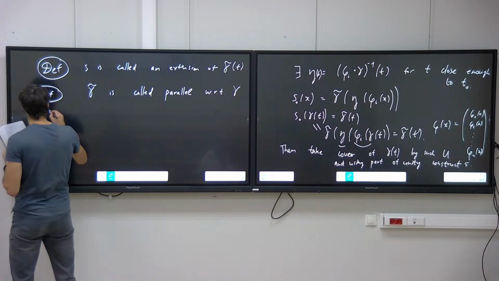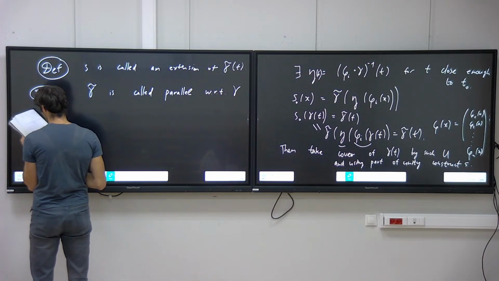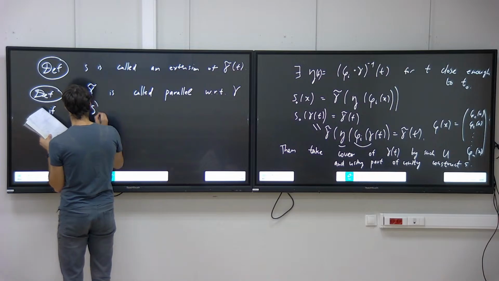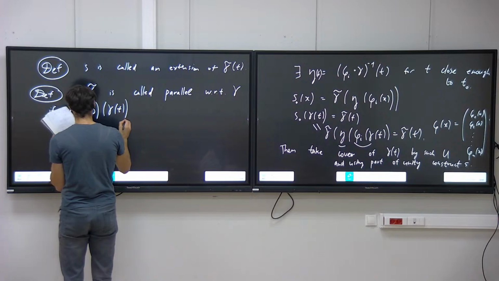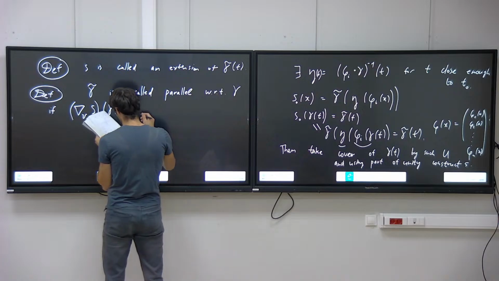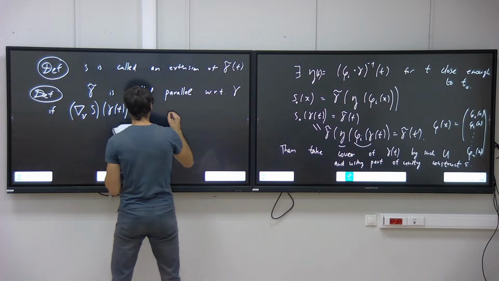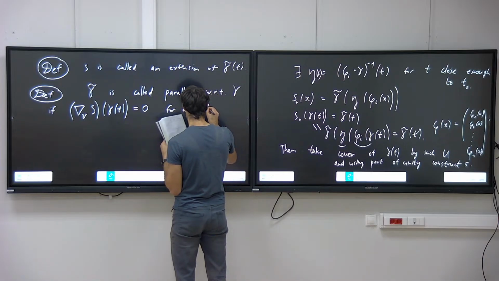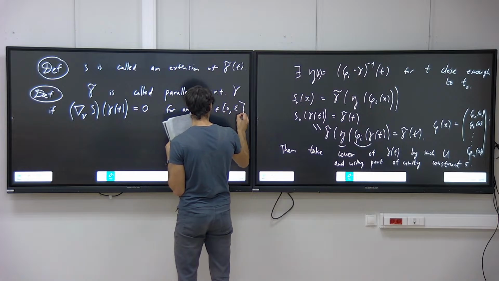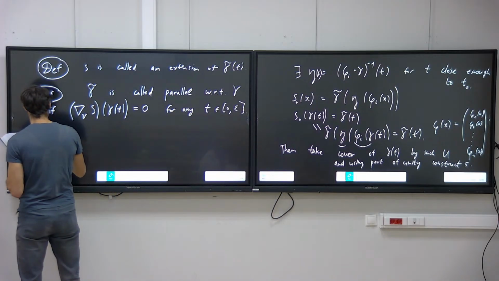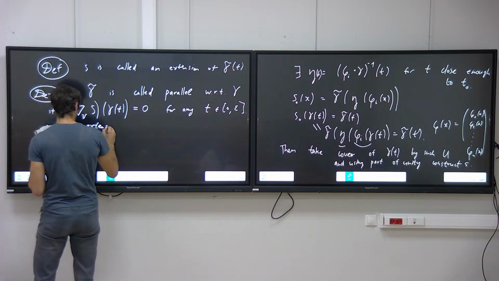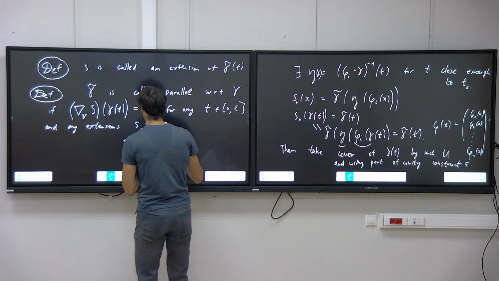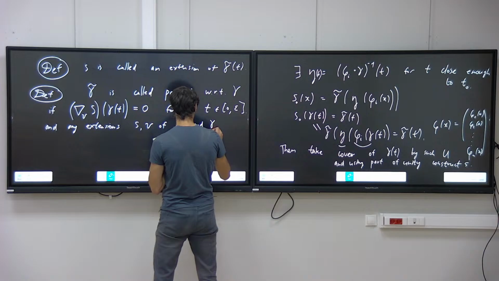If nabla_V S of gamma(t) equals 0 for any t from 0 to epsilon, so where my curve is defined, and any extensions S and V of gamma tilde and gamma' respectively.